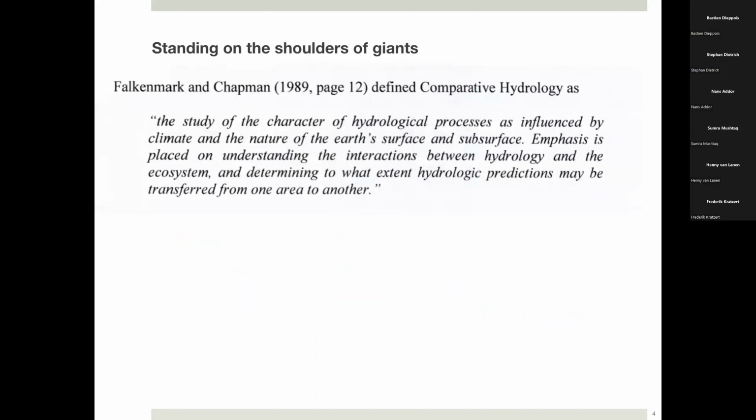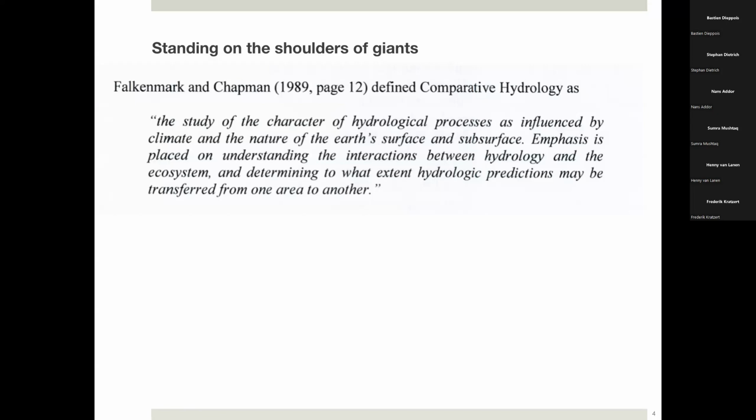So where does large sample hydrology come from? Well, if we go back to this UNESCO report published in 1989 and edited by Falkenbach and Chapman, they defined comparative hydrology as the study of hydrological processes as influenced by climate and the nature of the Earth's surface and subsurface.